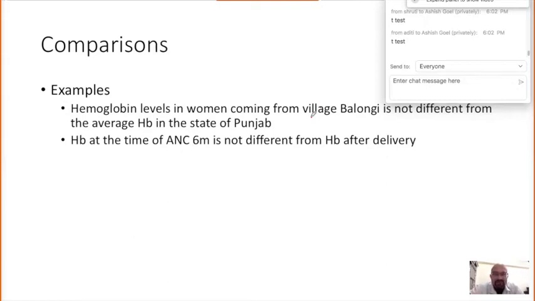So we have one value of hemoglobin of the woman or the mother at 6 months, and we have another value of hemoglobin after her delivery. The paired t-test, because these are samples from the same woman at 6 months and after delivery, and we find that these are paired samples of these individuals. That's a paired t-test.